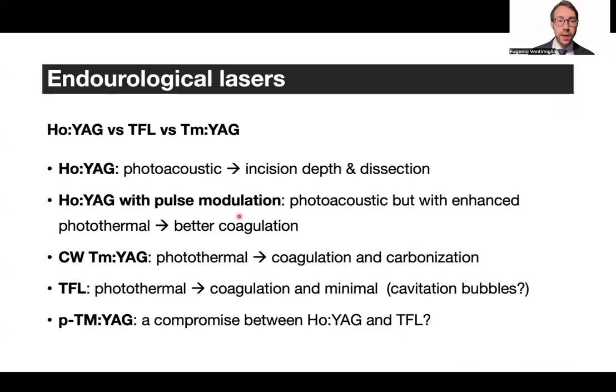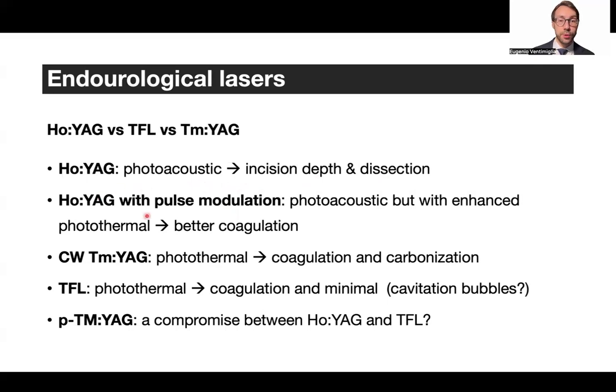So eventually, a quick recap of these technologies, if you want to think of them in terms of tissue application: holmium YAG works very well with the photoacoustic mechanisms, which implies a wider incision depth and dissection.